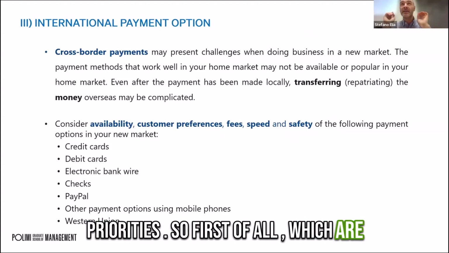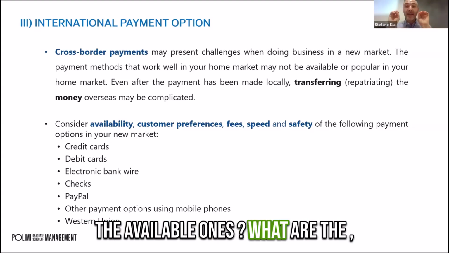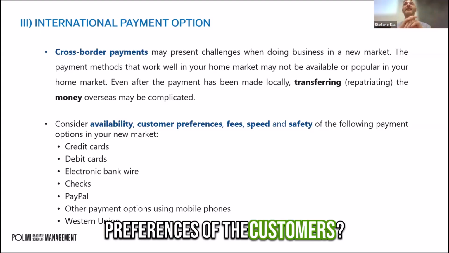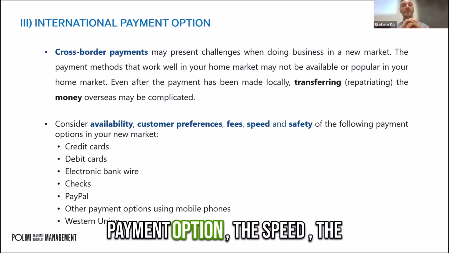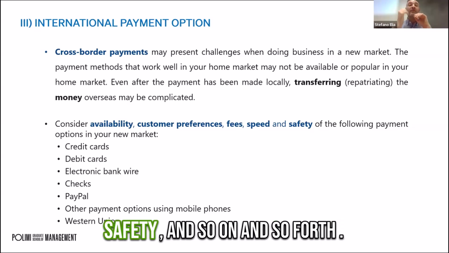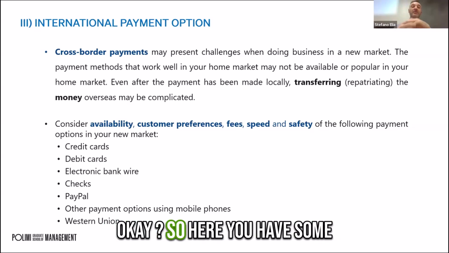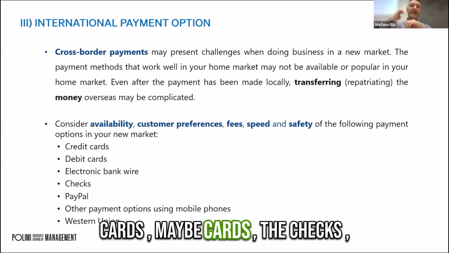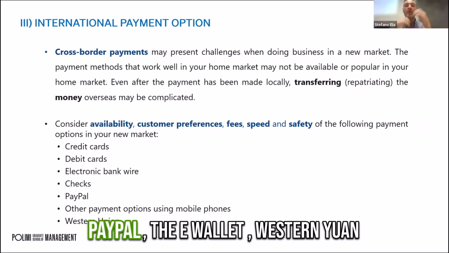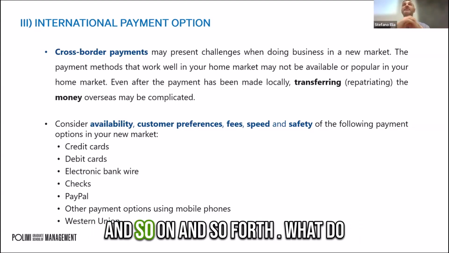So first of all, which are the available ones? What are the preferences of the customers? Then you have to understand the fees associated with each payment option, the speed, the safety, and so on and so forth. Okay, so here you have some possible options like credit cards, debit cards, checks, PayPal, the e-wallet, Western Union, and so on and so forth.